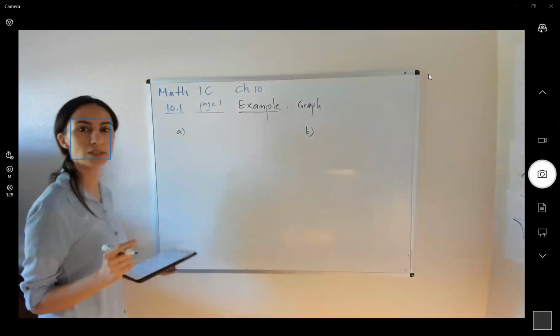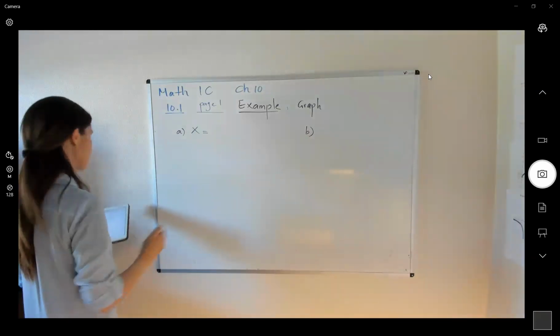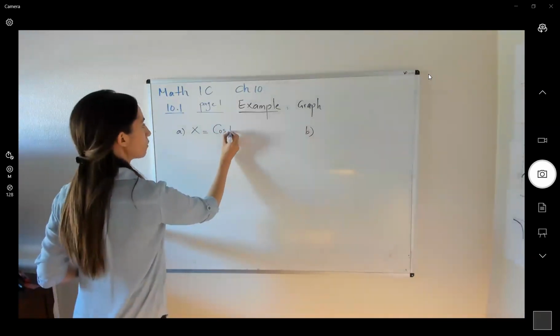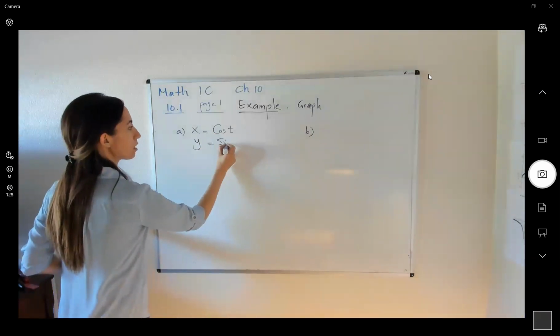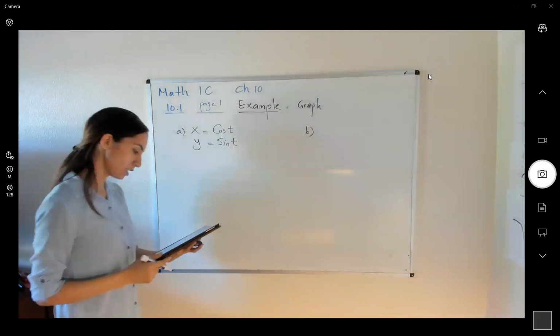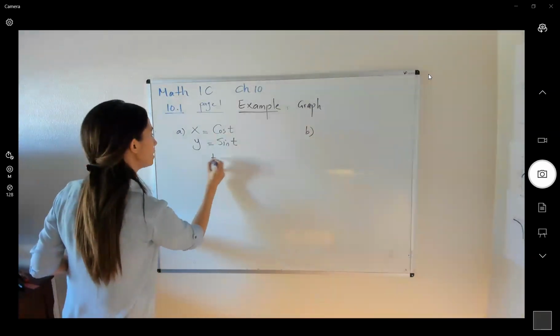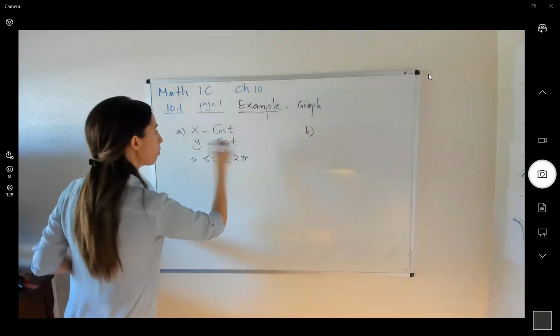It says, suppose x is defined as cosine of t, and your y is defined as sine of t. And in this case, your t is ranging between 0 to 2 pi.